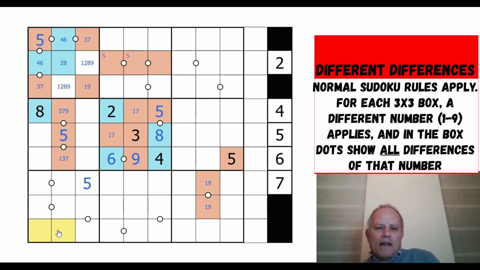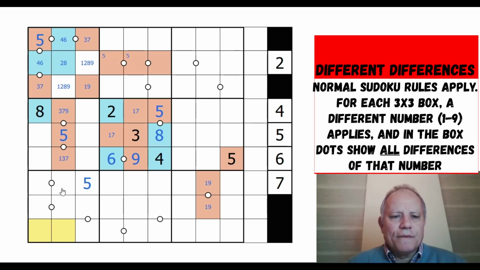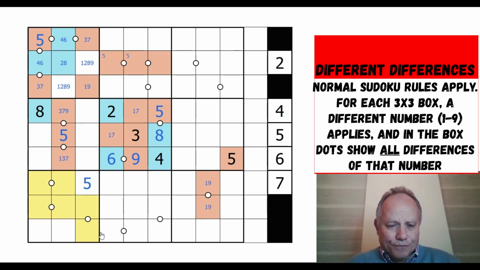That's insane. I hope you're following that, because if this was the 5 difference box, 3 of these would have to be occupied by 3 of the pairs that are 5 apart from 5 in the numbers 1 to 9. The other 2 numbers would have to be 5 apart as well, and yet there's no dot there. So this is not the 5 box, this is the 6 box.